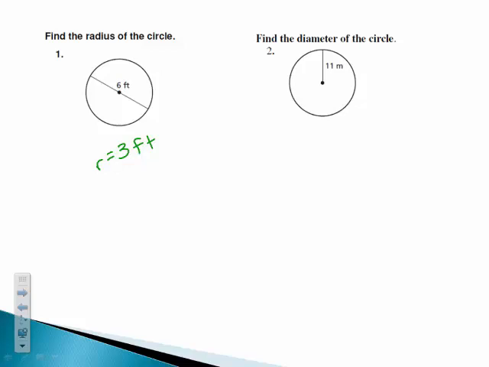On the diameter, they give you the radius, and that's only through half of the circle. We want to go through the whole circle, so we want 2 radiuses to make 1 diameter. So if you do 11 times 2, you're going to get 22 meters, so your diameter equals 22 meters. Okay? So let's move on.